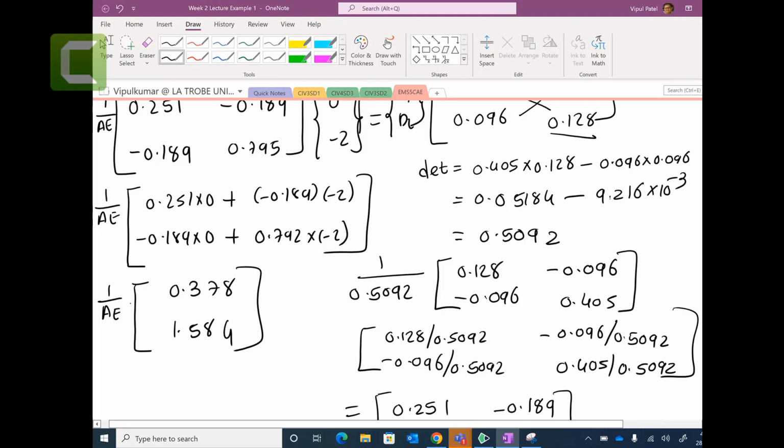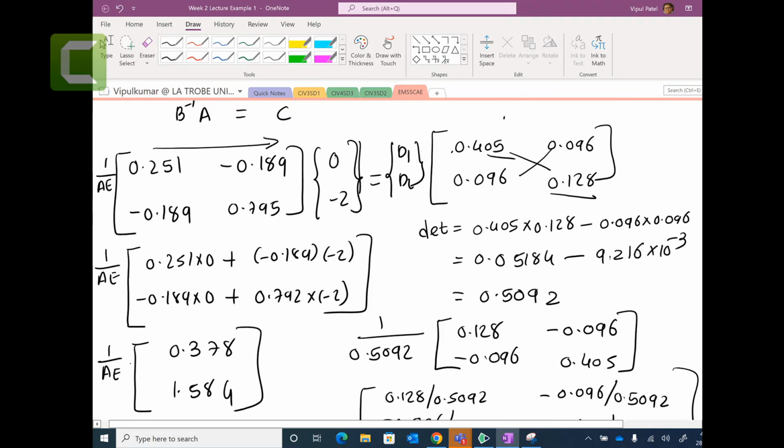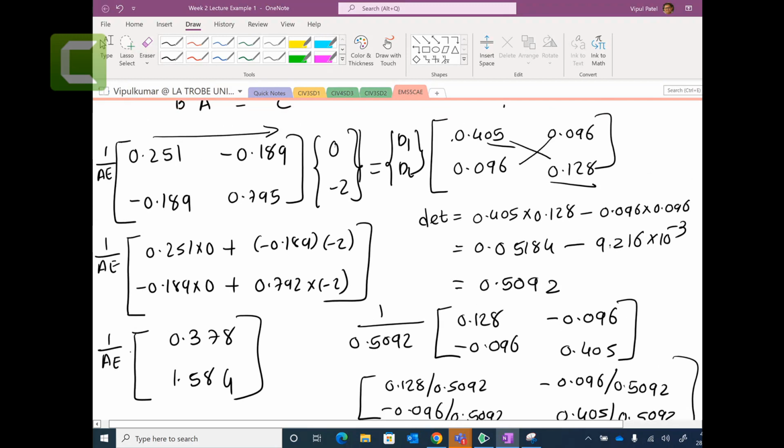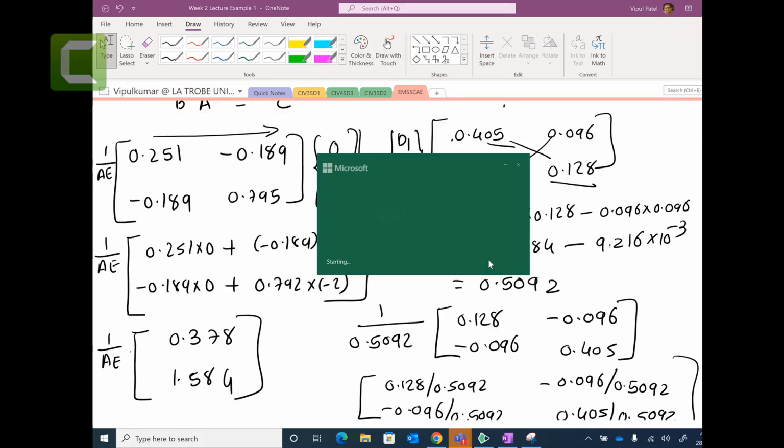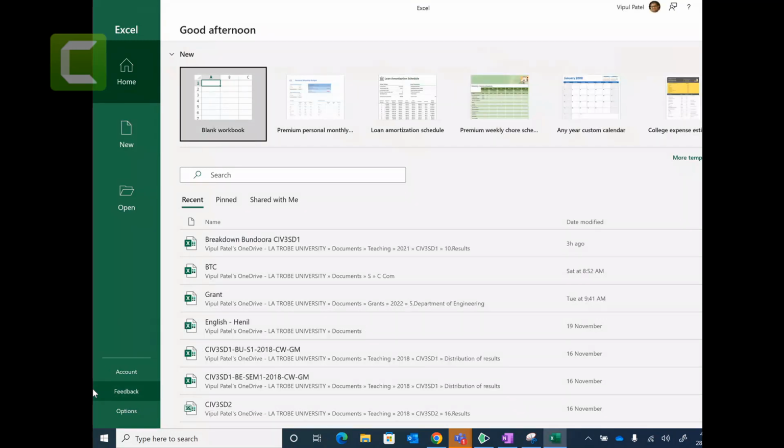So let me find the inverse of this matrix, 0.405 and 0.128, 0.096. Let me quickly do it online, or we can do it on Excel. Inverse matrix in Excel. What's the command? Okay, the MINVERSE function.